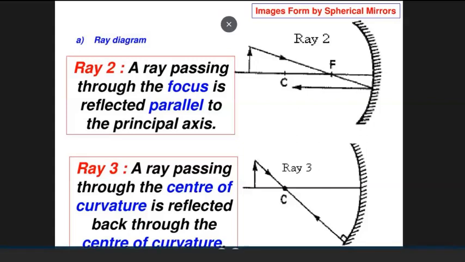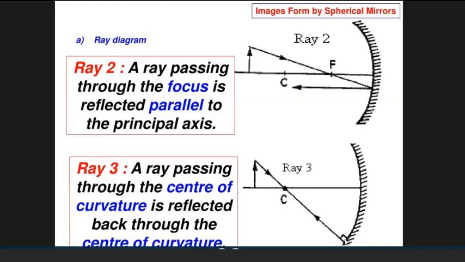It is reflected back through the center of curvature. So you see here, this is the third special ray, a ray passing through the center of curvature. This is directly passing through the center of curvature.